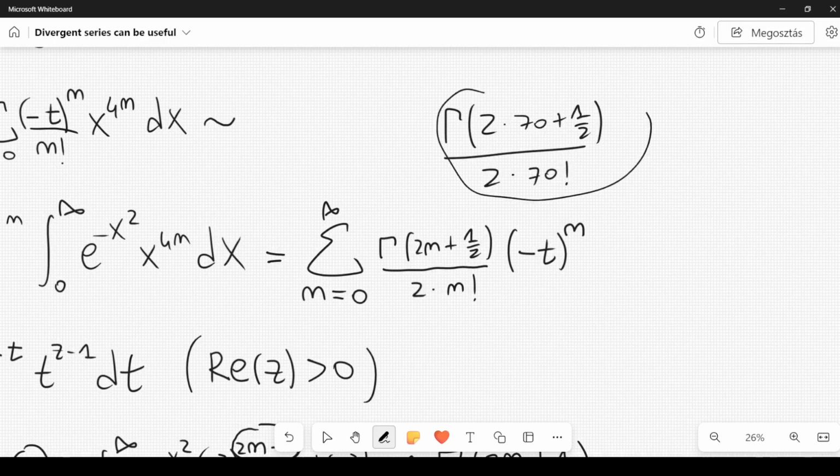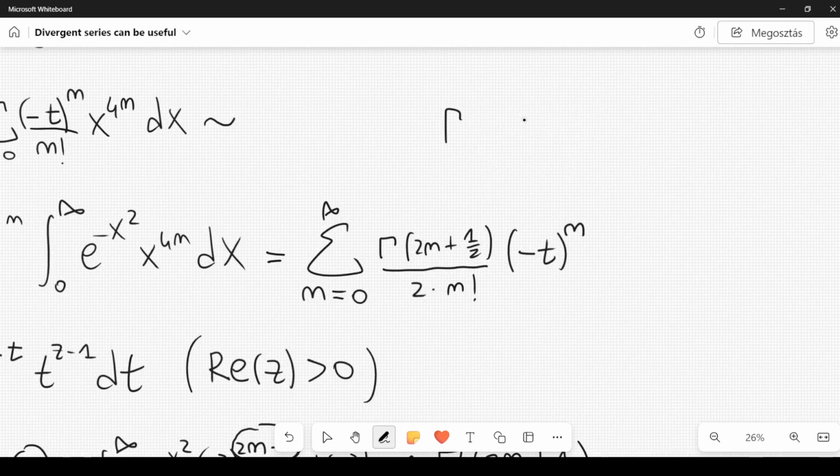You can calculate this for every value of n, and you see that as you increase n, this ratio increases. So this object will explode as n becomes larger and larger, which means that the series will converge only if t is equal to 0, because otherwise we have no convergence.